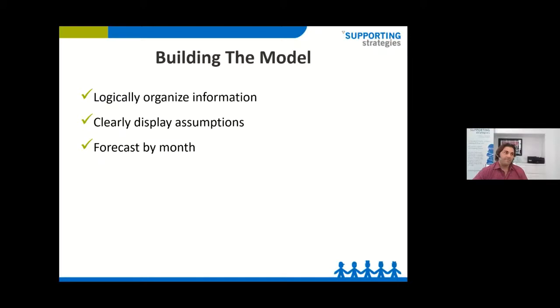Lastly, if you have a user-based business and people are paying on a monthly basis for what you're selling, even if they're prepaying for a year up front, you can't just say, well, we have 0 users today and we're going to have 1,000 users at the end of 1 year.